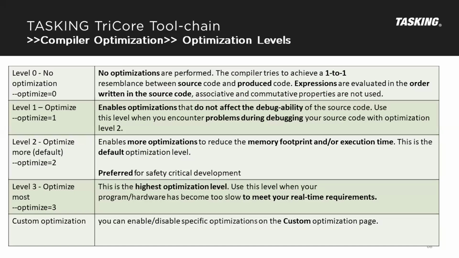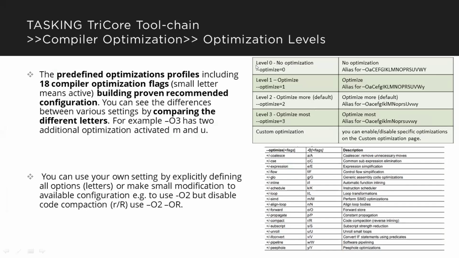All right, let's jump to the next slide, which shows you again the different optimization levels. These are 16 letters that together form an optimization profile. These are the optimization profiles recommended for every optimization level.